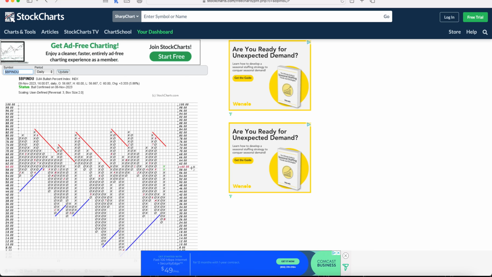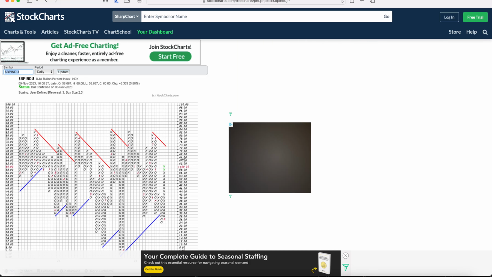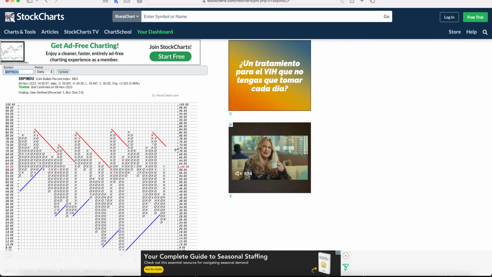So now we have 60% of the stocks in the Dow Jones Industrials, of which there are 30, in a point and figure buy signal. And what's that mean? That's a measure of bullishness, or bearishness would be the inverse.